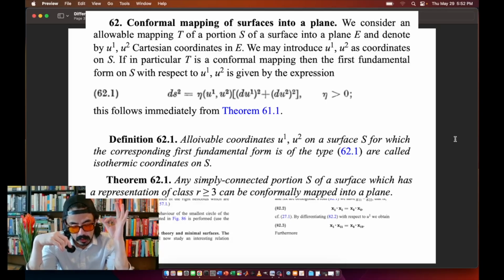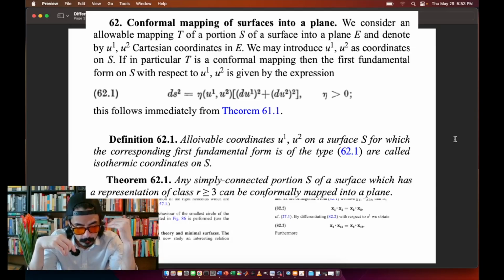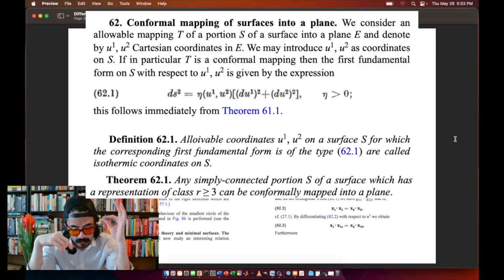If capital T is a conformal mapping, then the first fundamental form on capital S, the portion, from what we're reading in section 62, with respect to u1 and u2 is given by ds squared equals nu of u1 and u2 times the quantity du1 squared plus du2 squared, where that function nu is positive.